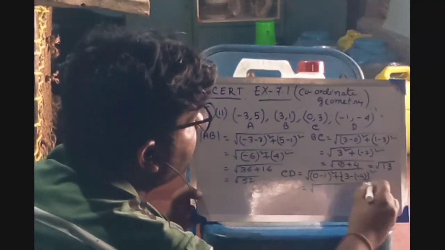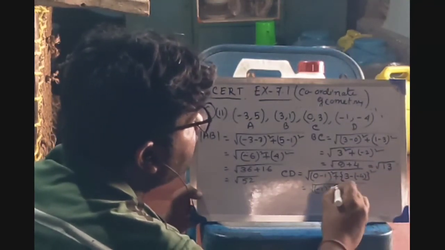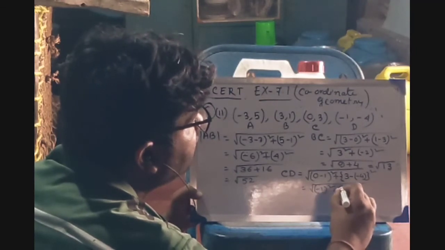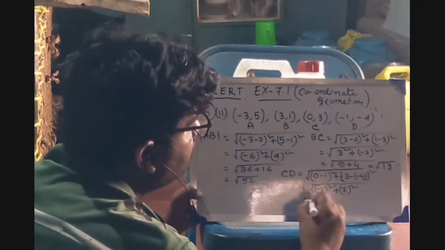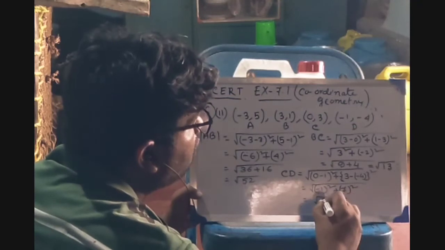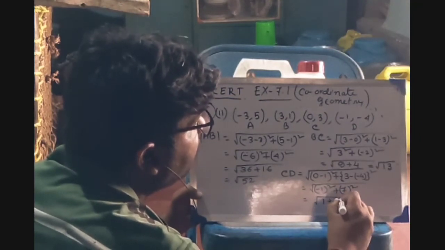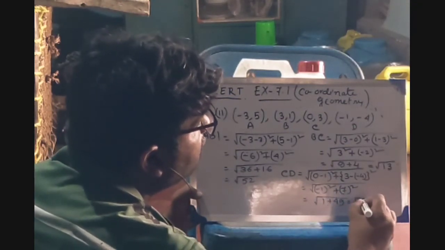That's equal to root under of (-1) square plus 7 square. That's equal to root of 1 plus 49, which means root 50.